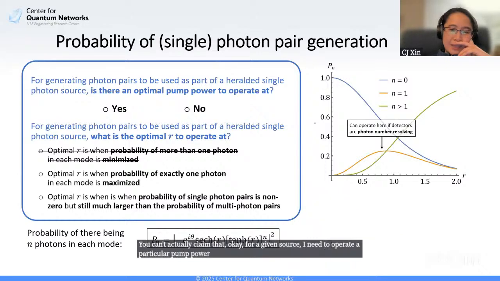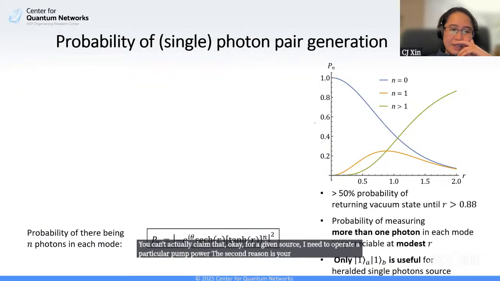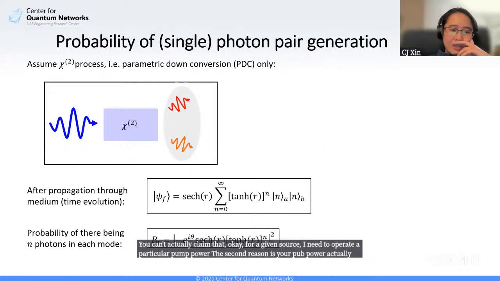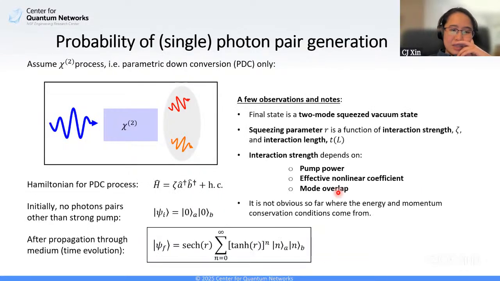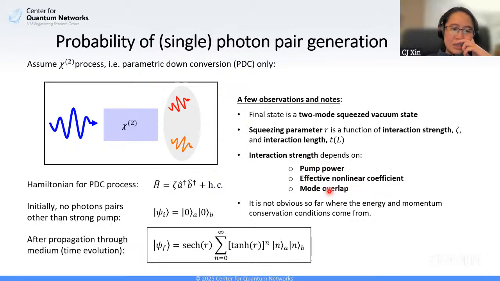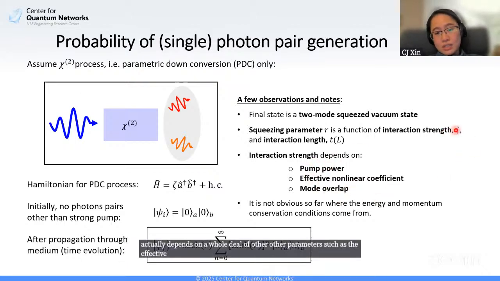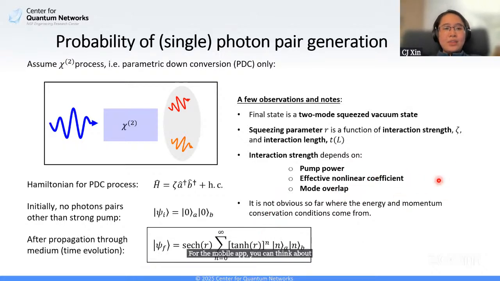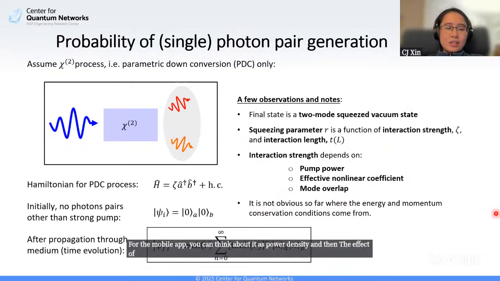The second reason is your R depends on a whole deal of other parameters, such as the effective nonlinear coefficient of the material itself, and also the mode overlap in the material. For the mode overlap, you can think about it as power density, and the effective nonlinear coefficient is just how likely the process is to inherently happen.